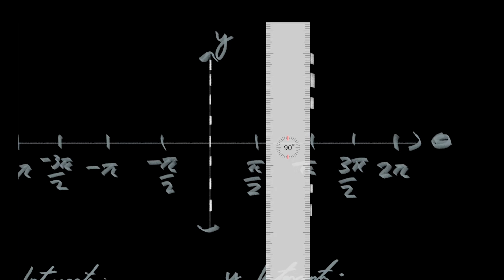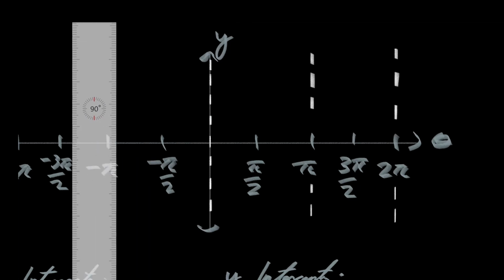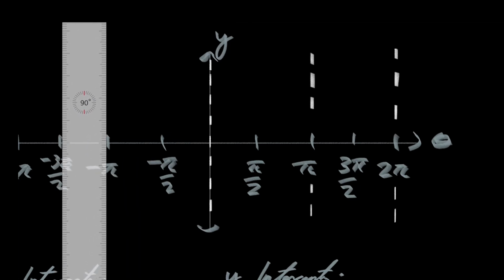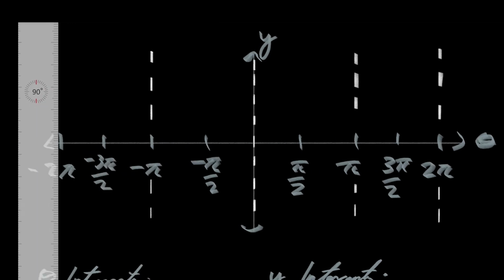We'll put one down at pi, we'll put one down at 2 pi, and let's not neglect the negative integers. They need asymptotes too, because the graph of the function will be undefined there as well. So the last asymptote we'll put down is at negative 2 pi, because that's as far as my axis extends in the negative theta direction.